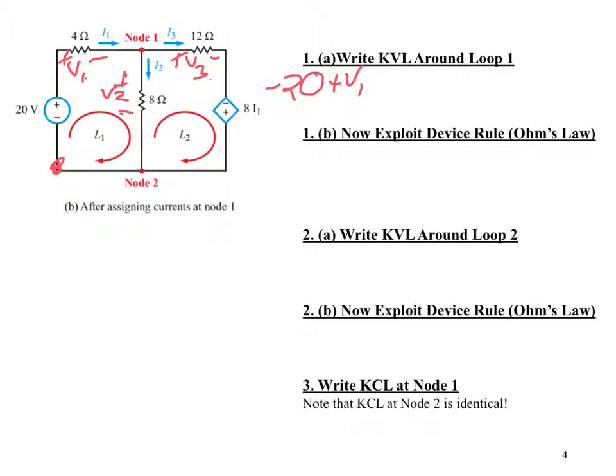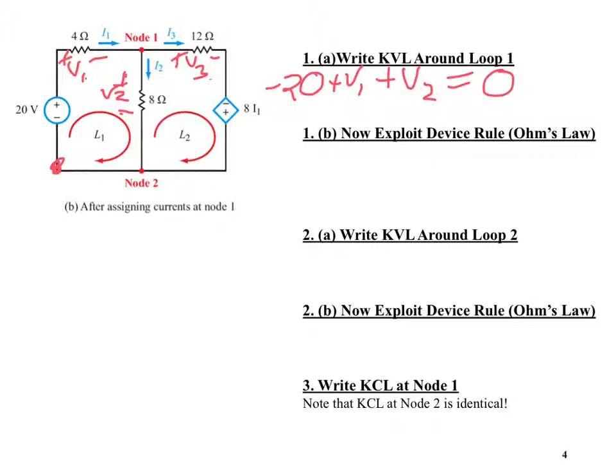We continue around loop 1. We're now going down through the 8 ohm resistor, and we enter that on the plus side, so we're going to have plus V2. And then we come down and we're back to where we started. So we've summed up all the voltages with the proper signs around our loop, and that must be equal to 0. So there's our first KVL around loop 1.